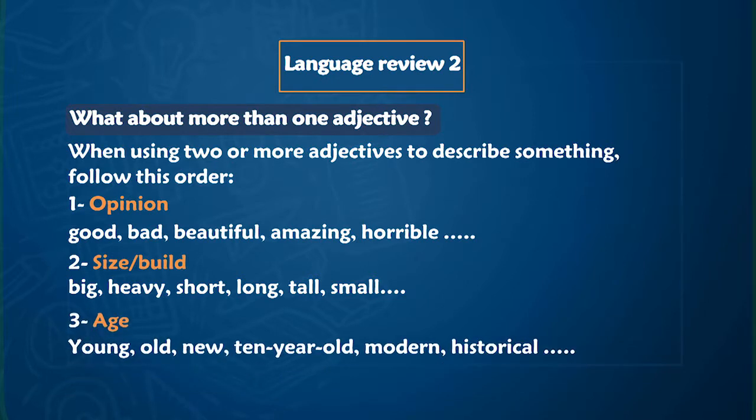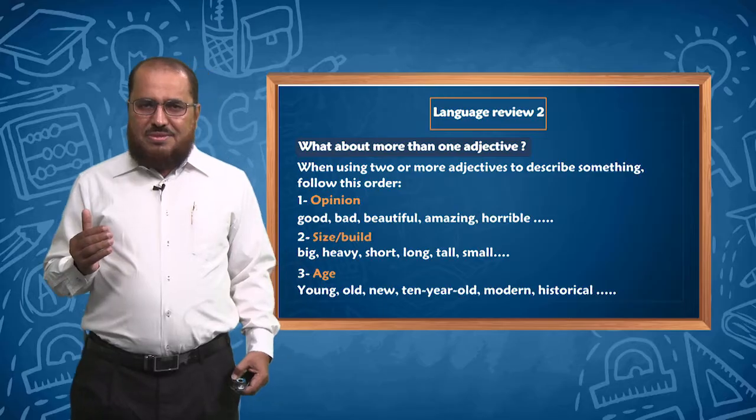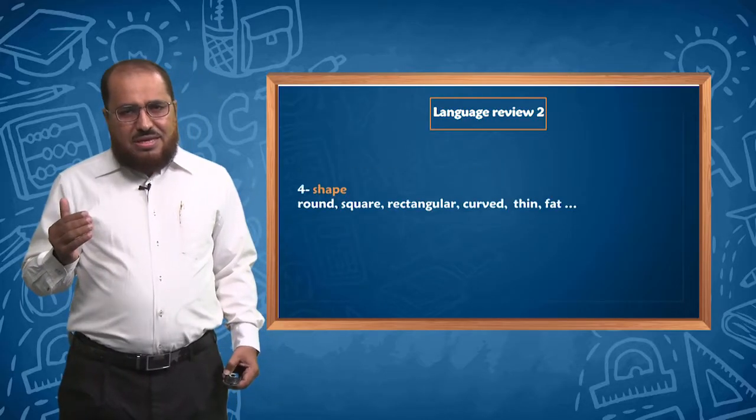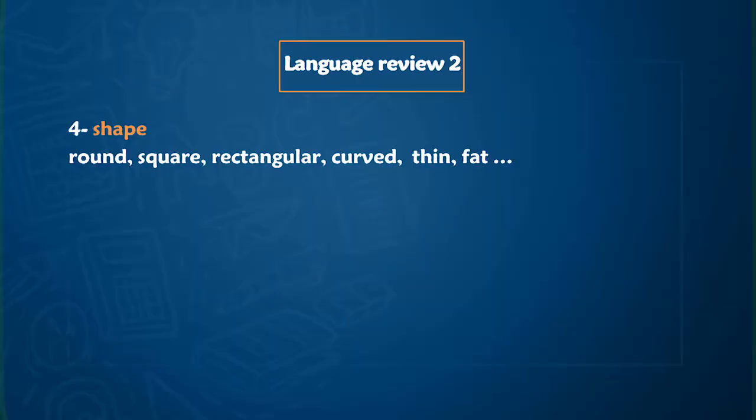Then comes the adjective of age. Is it old or new, historical, modern, 10-year-old, 3-year-old? Okay, this comes number 3. What's after? An adjective of shape. What shape is it?